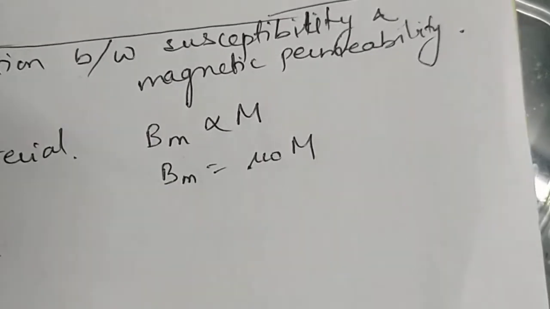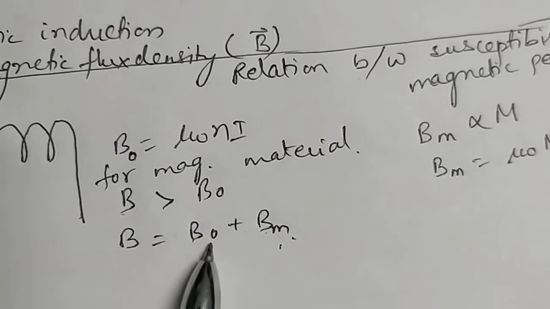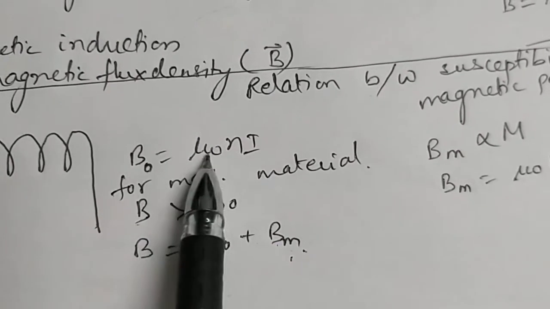Now I will substitute that here, and we know that B naught is equal to mu naught Ni.